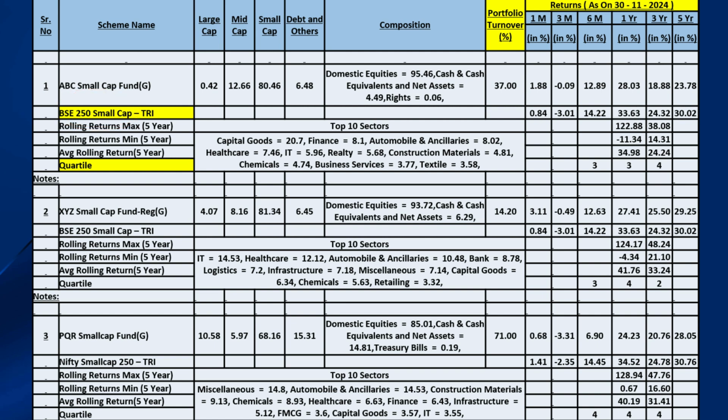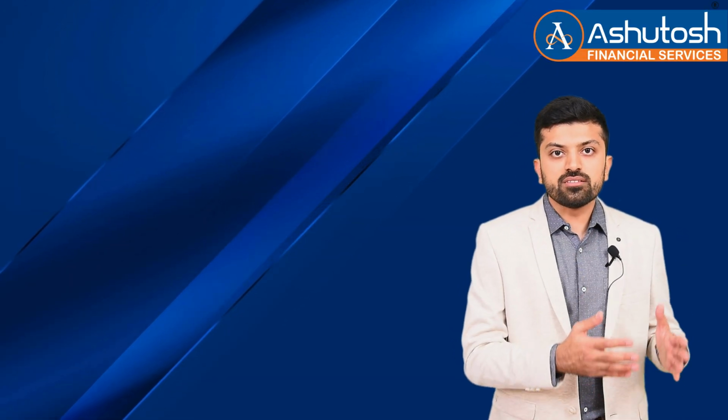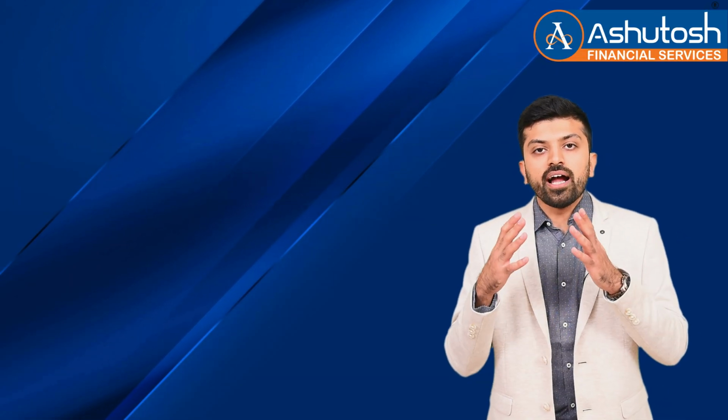In this case, the bifurcation across large cap, mid cap, small cap in the underlying portfolio, the portfolio turnover ratio, meaning the number of times the portfolio is churned during the year in which the mutual fund is holding the investment, the different financial ratios such as PE, PB, and the bifurcation of that investment into various categories of companies such as large cap, small cap, and mid cap.